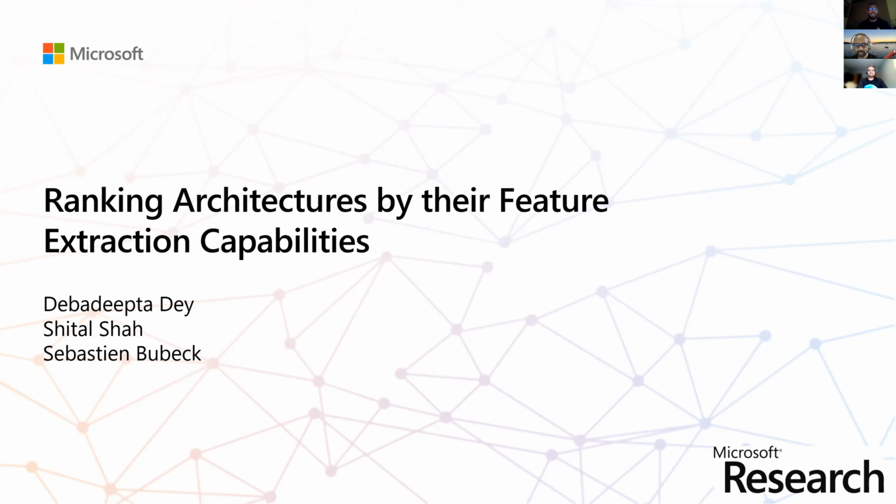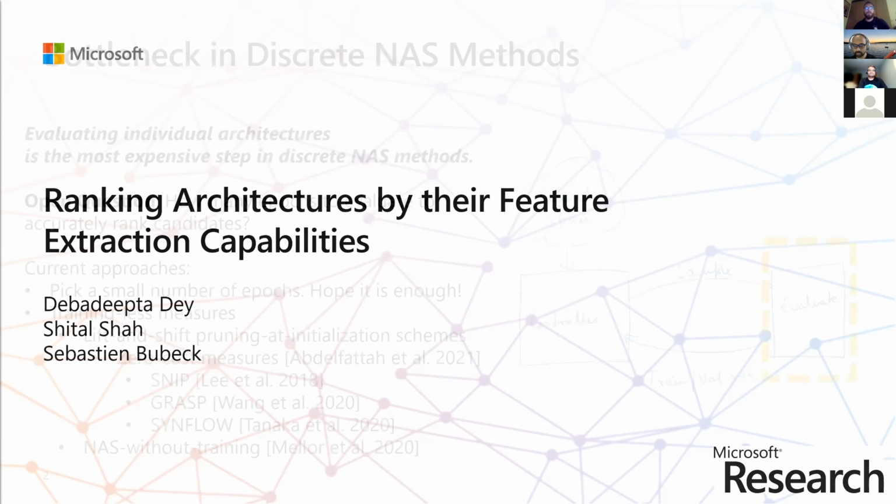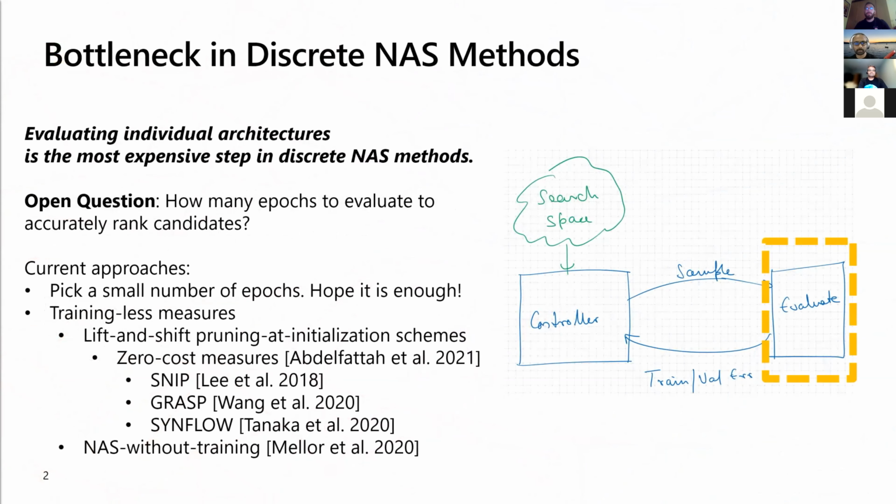Without further ado, today we are going to talk about how to rank architectures by their feature extraction capabilities. If you think about discrete NAS methods, and I'm going to assume that the audience here has some familiarity with neural architecture search methods, most discrete NAS methods can be weight sharing, one-shot methods, or without weight sharing.